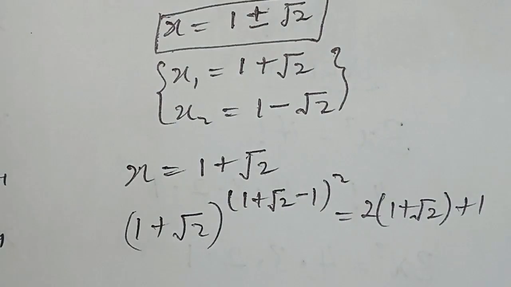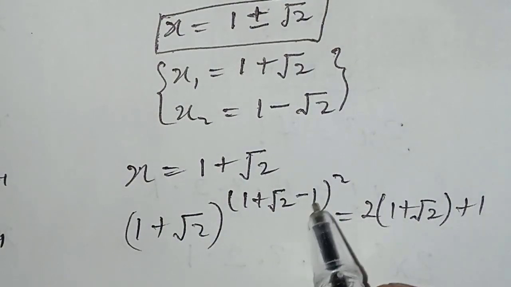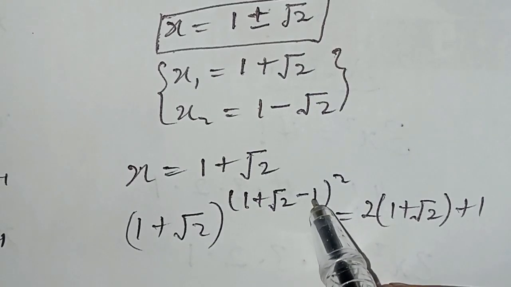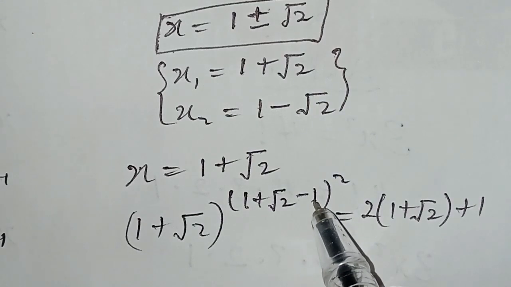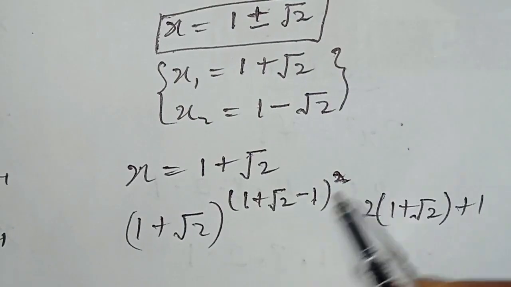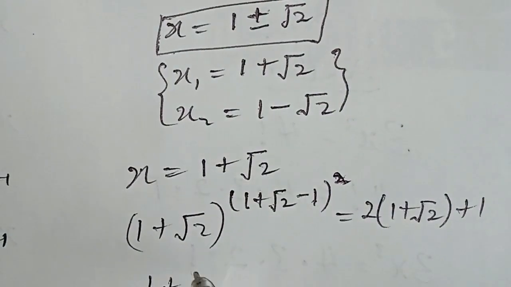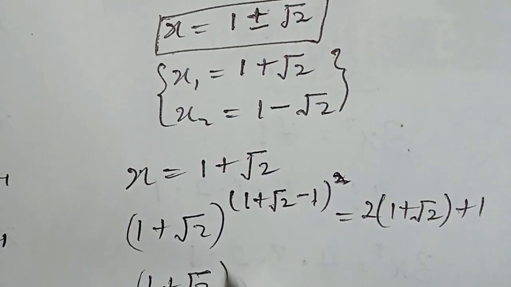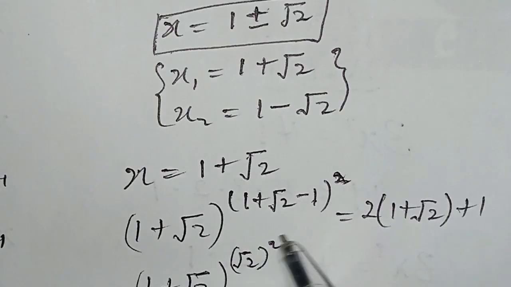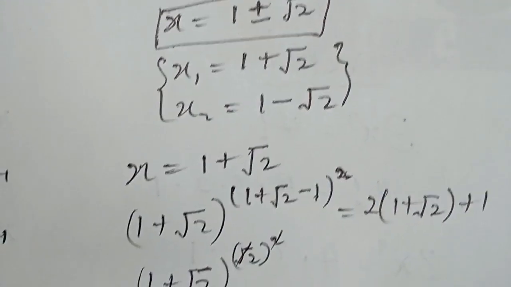So if we simplify this, the plus 1 and minus 1 negate each other. So we have to the power of 2. So we now have 1 plus the square root of 2 to the power of the square root of 2 squared. So this square cancels out this square root.